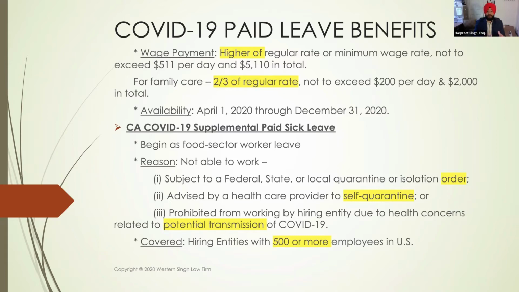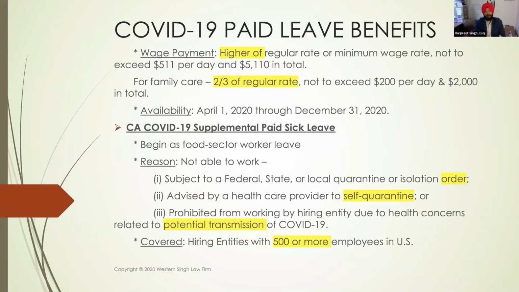In terms of caring for family, it reduces a little. If the employee is caring for themselves, it's a little higher, and if they are caring for a family member, it's now 2/3 of their regular rate. The availability of this leave is from April 1st, 2020 to December 31st, 2020.